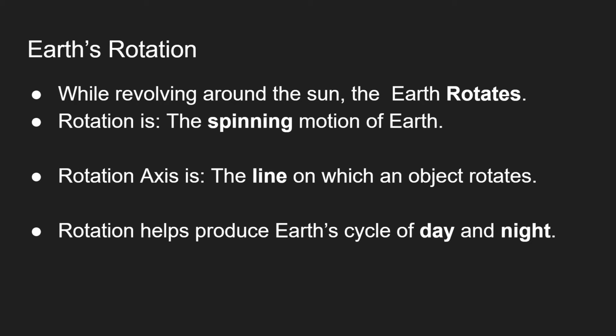Rotation axis is the line on which an object rotates. And rotation helps produce the Earth's cycles of day and night. Because Earth is rotating, part of the day it's facing the sun, we have day. Part of the day it's facing away, we get night. It's not the revolution that gives us day and night. It's the rotation.